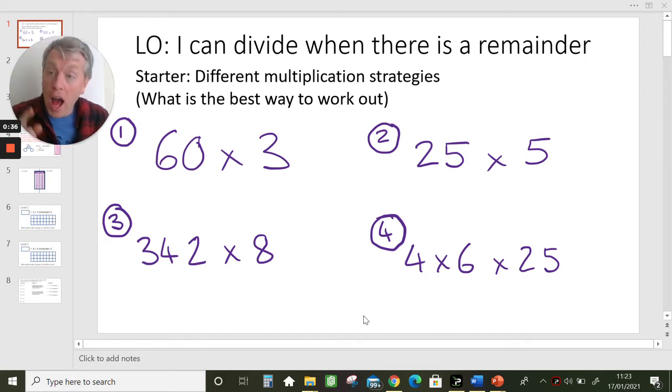Okay, well, I hope you had a go at working them out. So, let's start with number 1, 60 times 3. Would you use a column multiplication method?